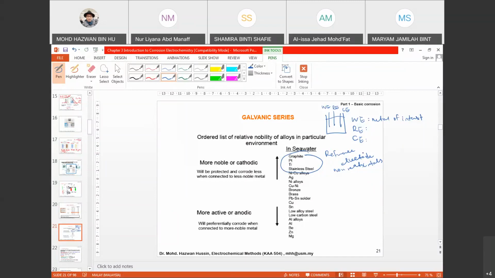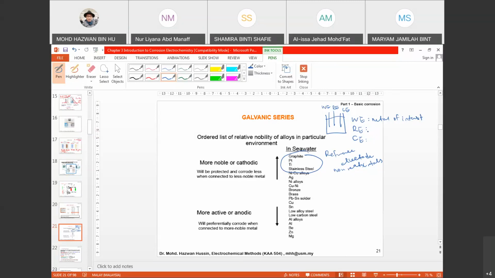Like the standard calomel electrode or standard hydrogen electrode, silver chloride. An electrode whose potential is known, to measure the potential for the other electrode. Okay, that's very well answered.